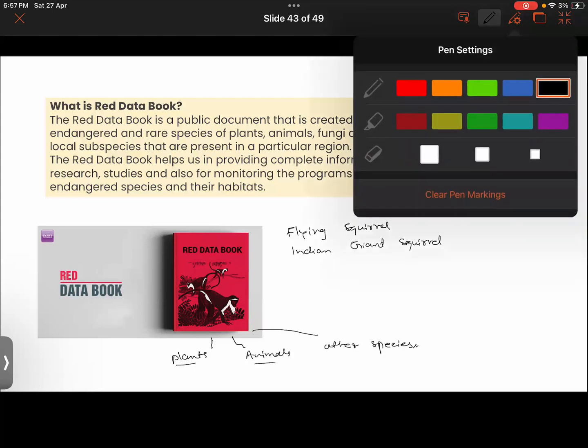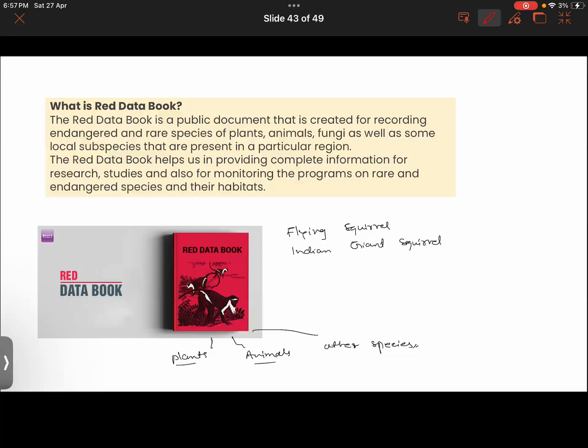One could think, what is the advantage of maintaining the red data book? What could be the advantage? The advantage is that we now come to know which species of plants and animals are very small in number and are facing the danger of extinction.